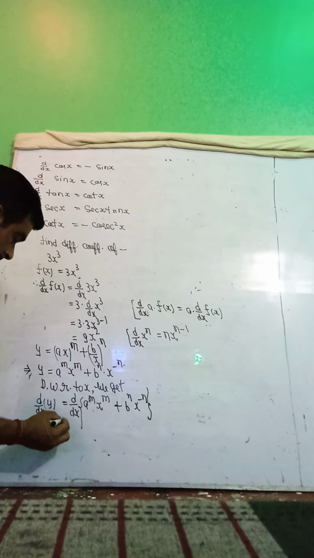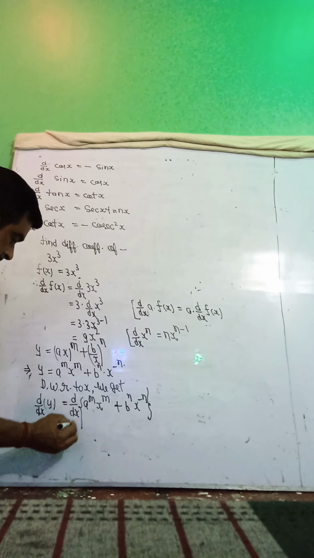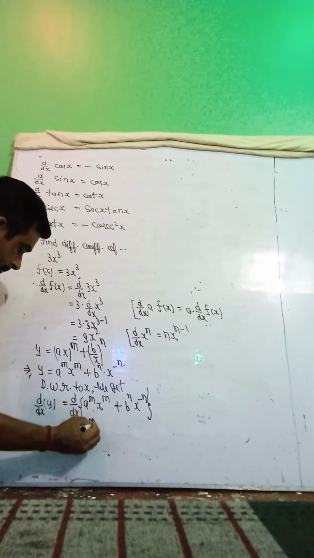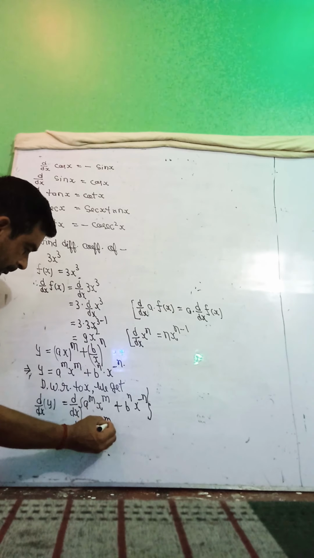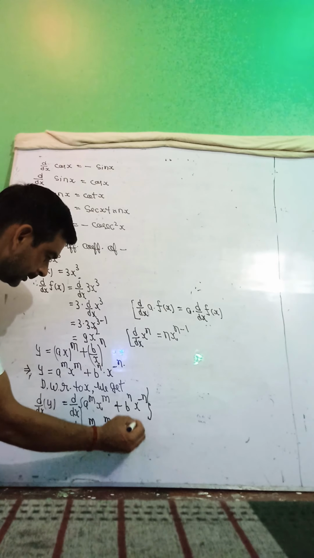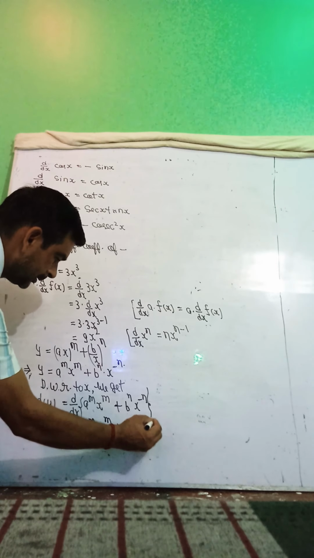So here apply formula d/dx a power m x power m plus d/dx b power n x power minus n.